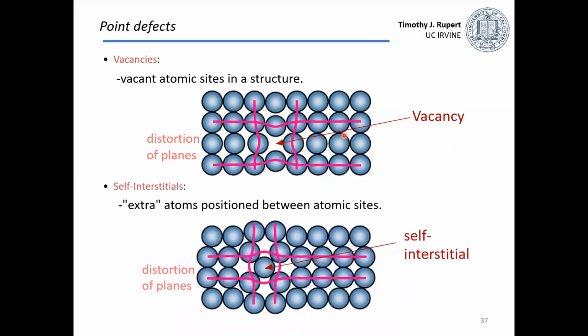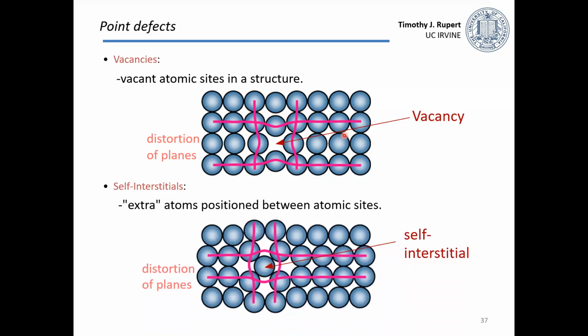We can also have what's called a self-interstitial. This is if I took my original crystal structure and tried to squeeze in an extra atom, one of these extra bluish gray atoms, into some location between the atoms. So everything was happy before, and I squeezed it in and deformed the lattice. And you can see the difference. In one case, the lattice around it is pulled in, in the other case, it's pushed out.